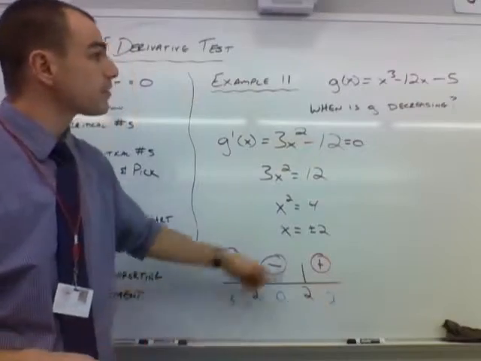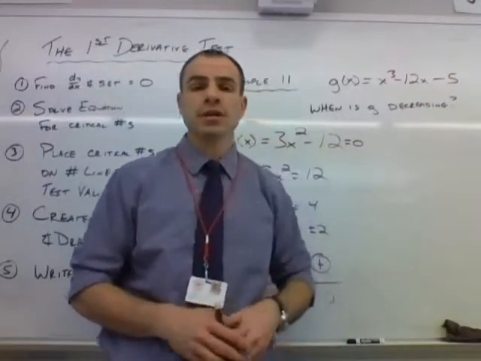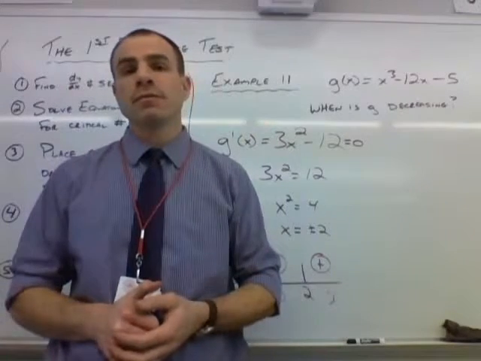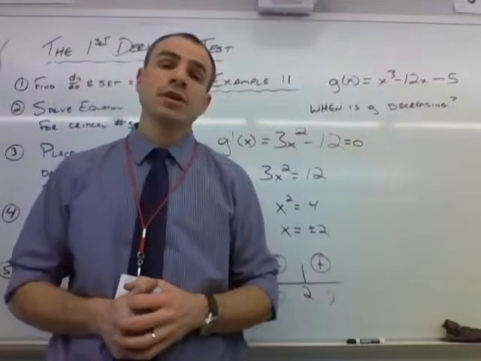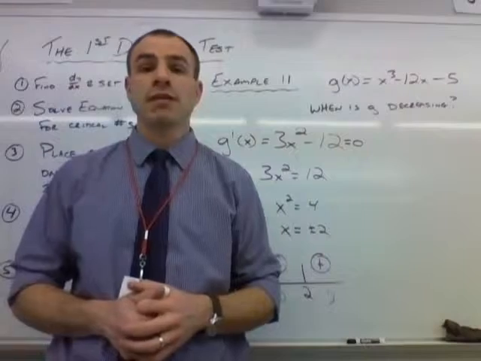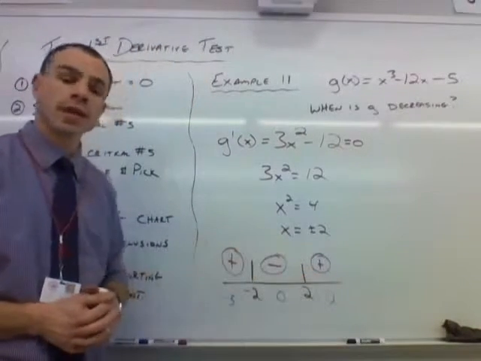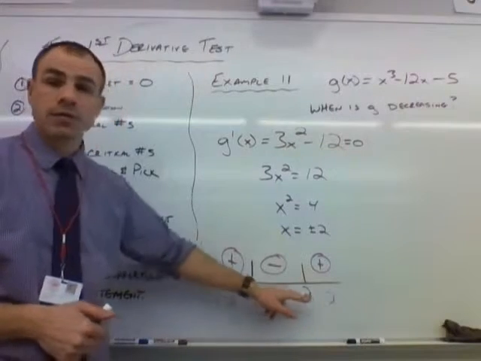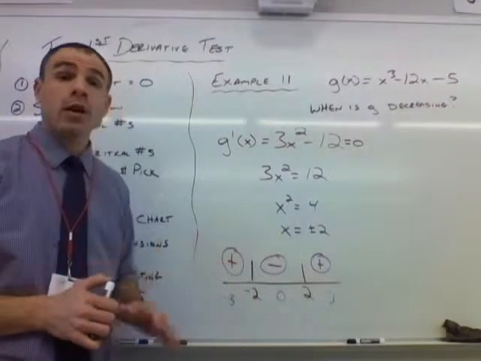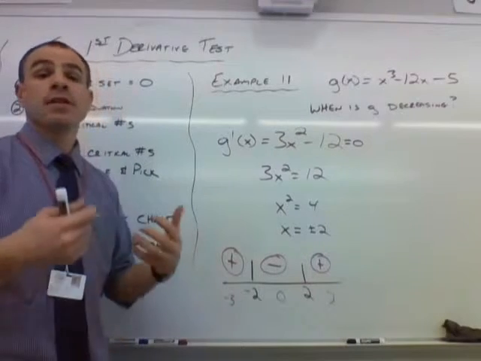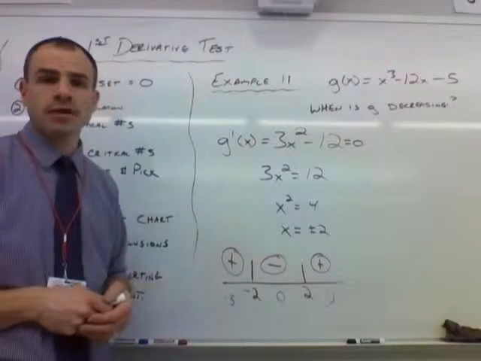Remember, the problem asks, when is g decreasing? Well, we have the mastery of our connections for the derivative. We know that a function is decreasing when the derivative of the function is negative. This plus minus chart tells us exactly when the derivative is negative, in between negative 2 and 2. Be careful here. Don't use your test values, because your test values might be different than my test values or your neighbor's test values.